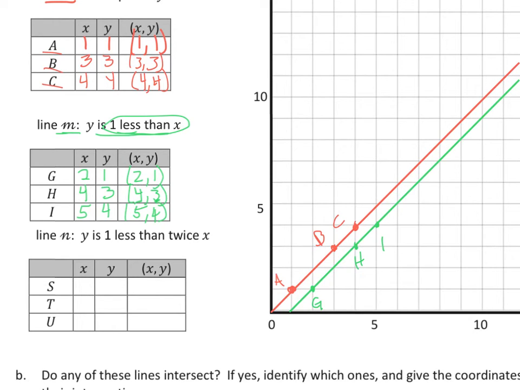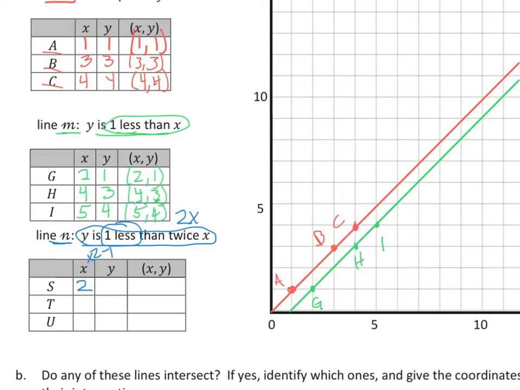And then I'm going to go to line N. And it says y is 1 less than twice x. Meaning I'm going to do 2 times x and then go 1 less than that. So if I pick 2, I have to multiply x by 2 and then subtract 1.